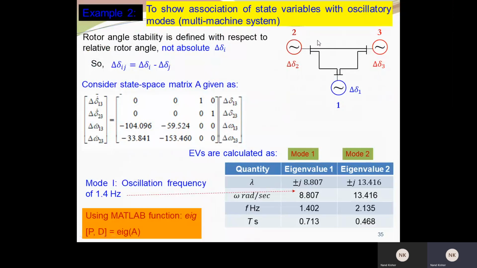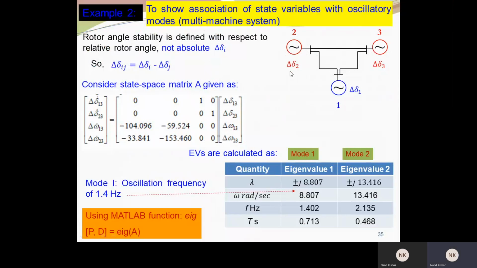Now, with these generators interconnected in a multi-machine network, in terms of stability, it makes no sense saying that generator 1 is in synchronism; we have to say that generator 1 is in synchronism with generator 2 and generator 3, or with the rest of the network.